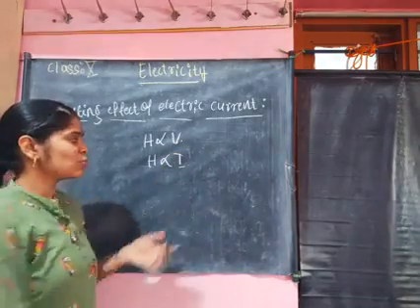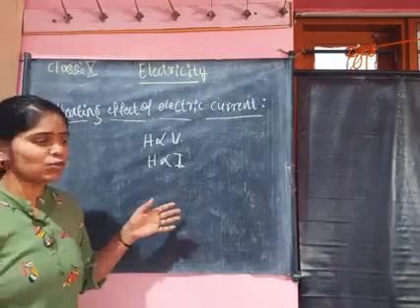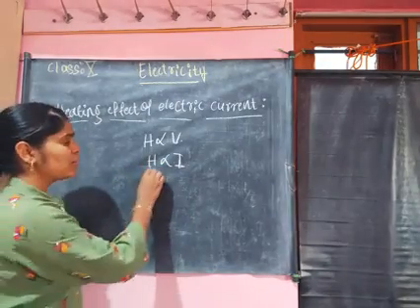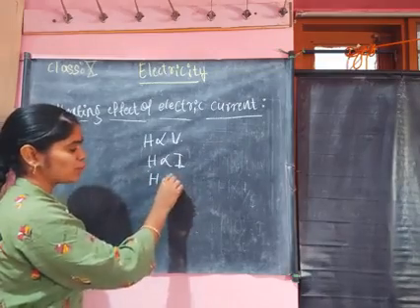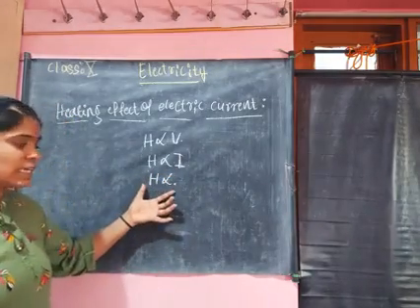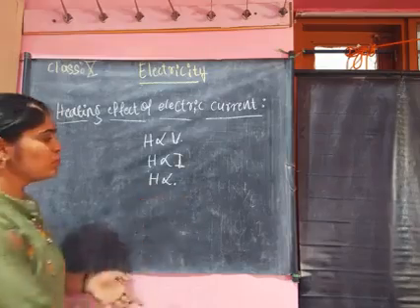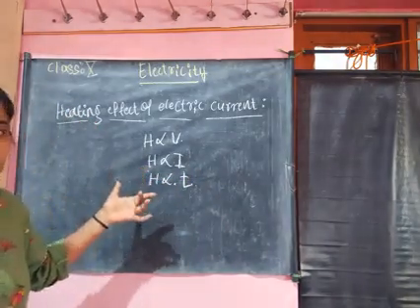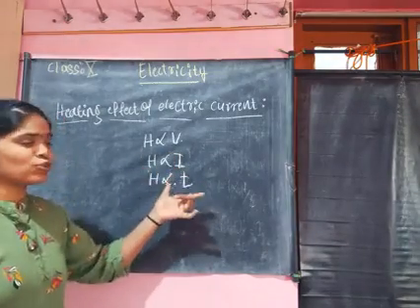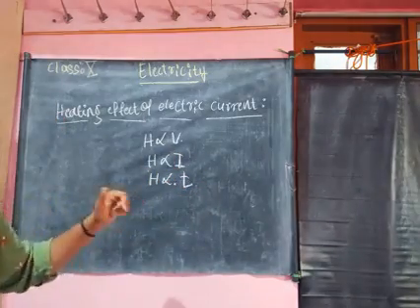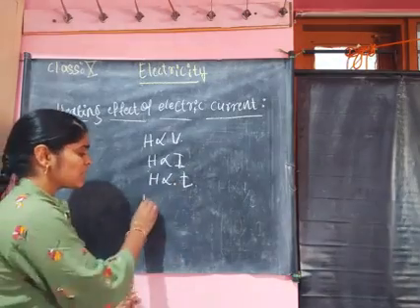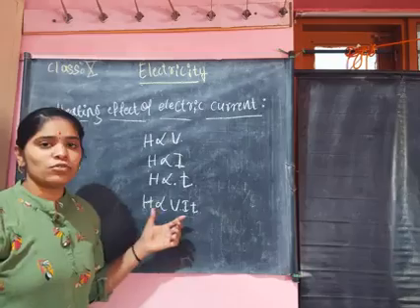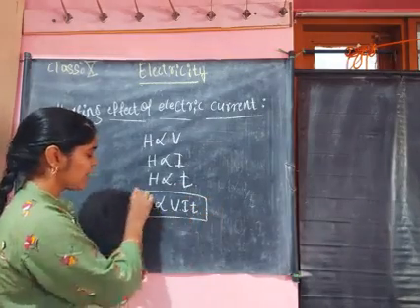How much current is passed in the electric circuit is directly proportional to the heat produced in that circuit. And this heat is also proportional to what? H is directly proportional to t, the time. So on all these conditions the heating effect of the electrical circuit depends. How do we write this? H is directly proportional to V into I into T. So this is the heating effect of electric current.